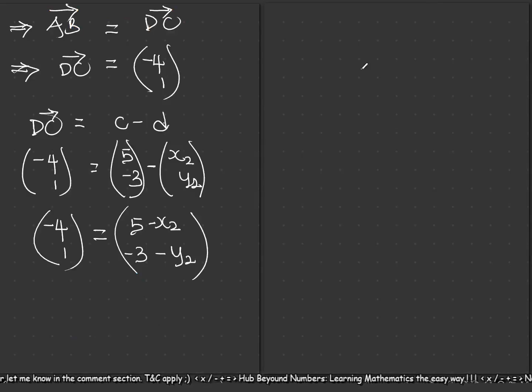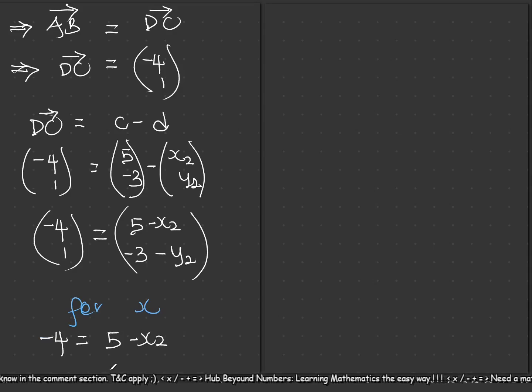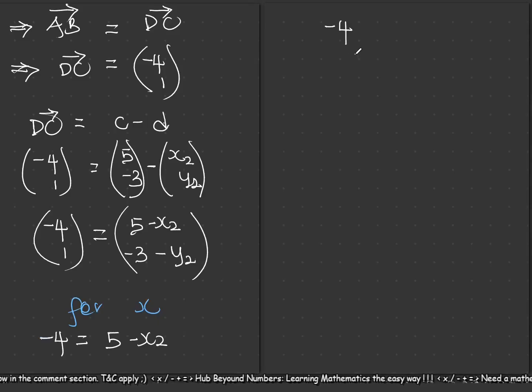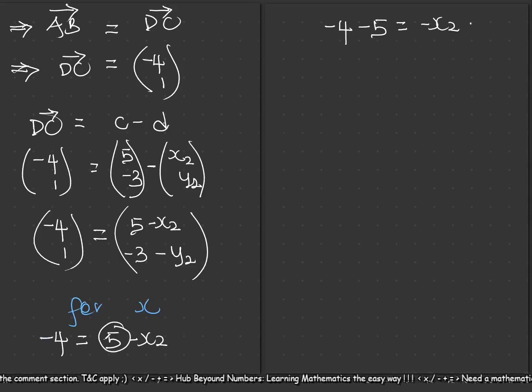Starting from the x component, we have -4 equals 5 minus x2. Simplifying further, we have -4 minus 5 equals -x2. The reason being that this 5 moves to the other side to become a negative.